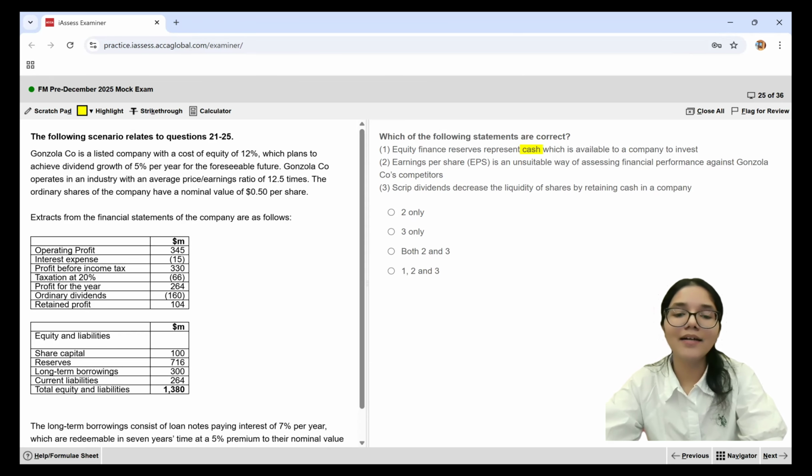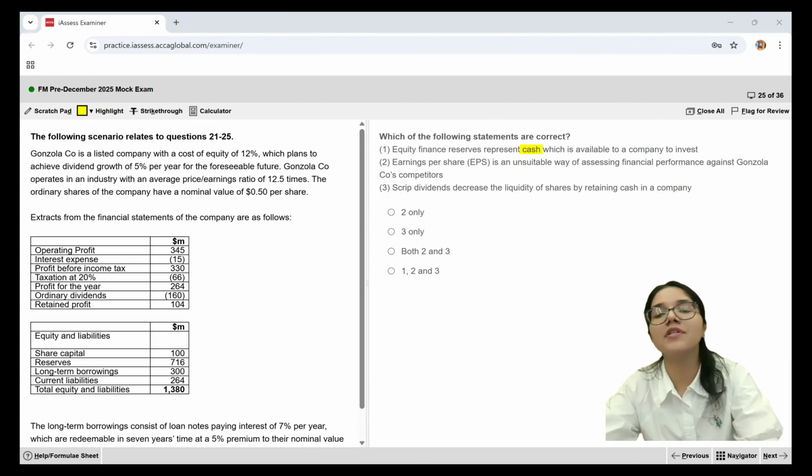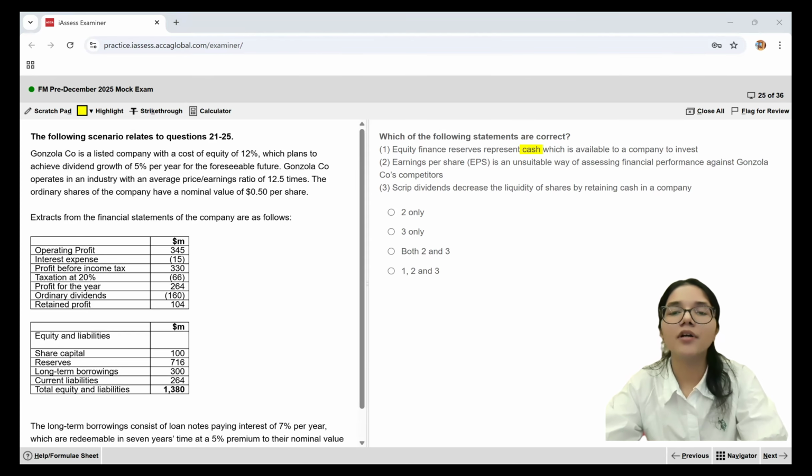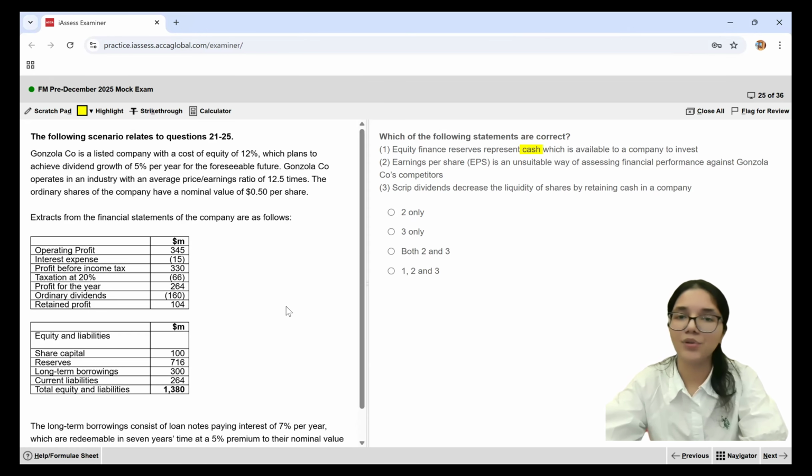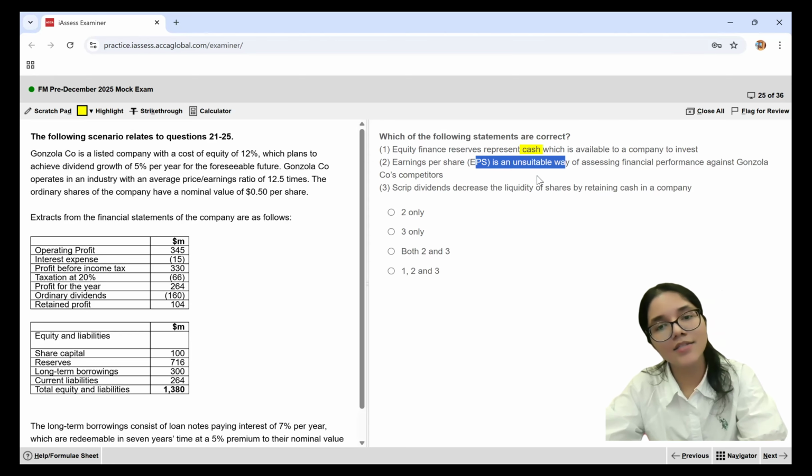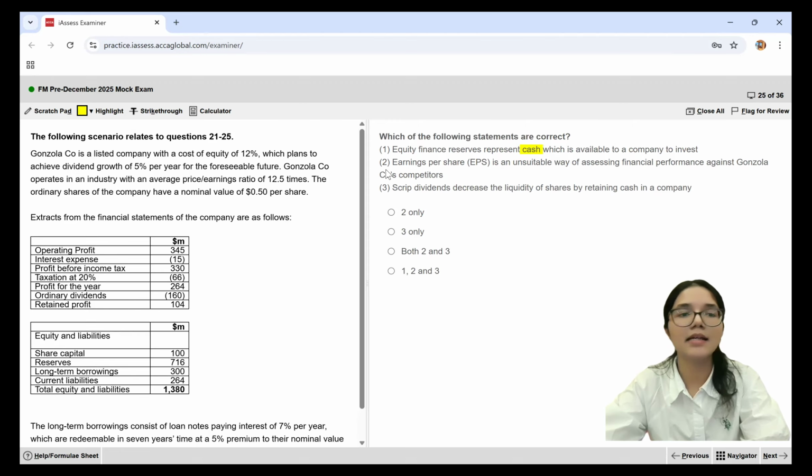Now, when you compare the earnings per share, a lot of factors can influence it because different companies may have different numbers of shares in issue and may be of different scales. So the PE ratio will be a much better way to compare them to the competitors. The second statement is saying that it is unsuitable, which means the statement is correct.